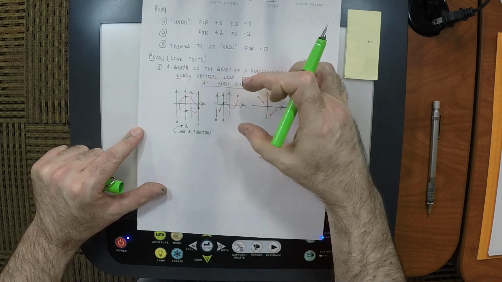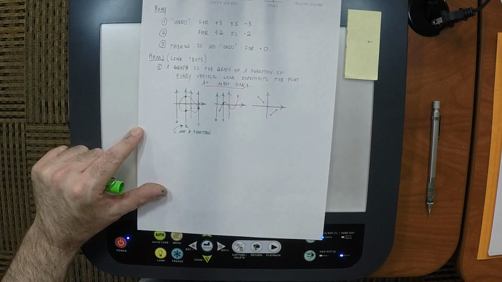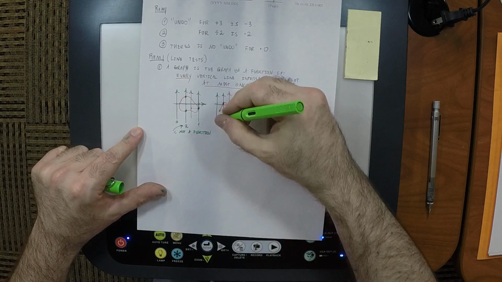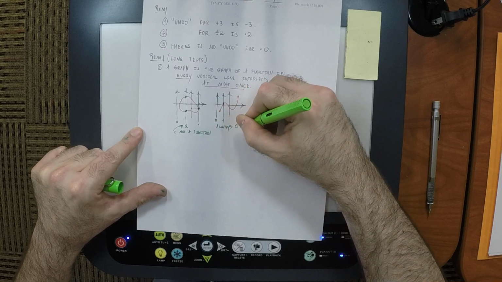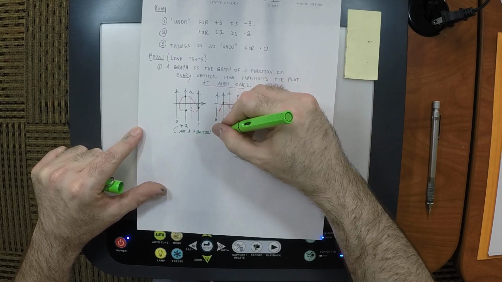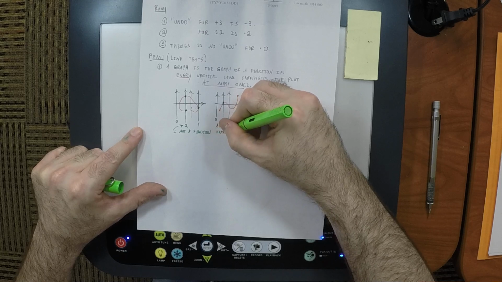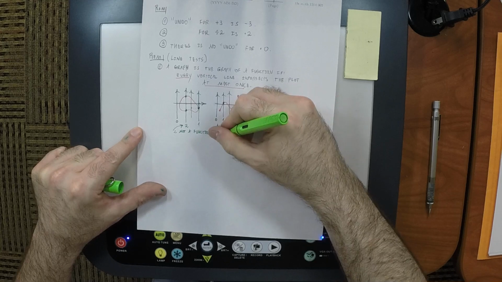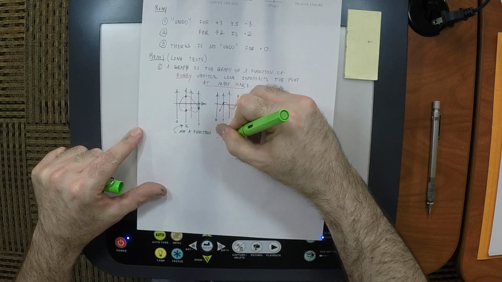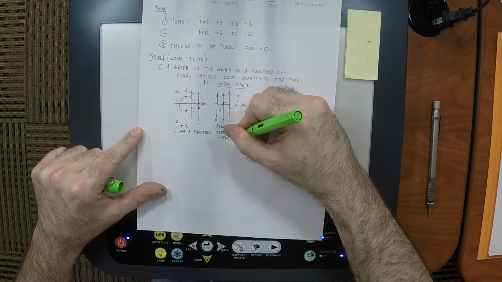And so do you observe that no matter where I put that vertical line, there's always 0 or 1 intersection? Therefore, yes, it's a function.